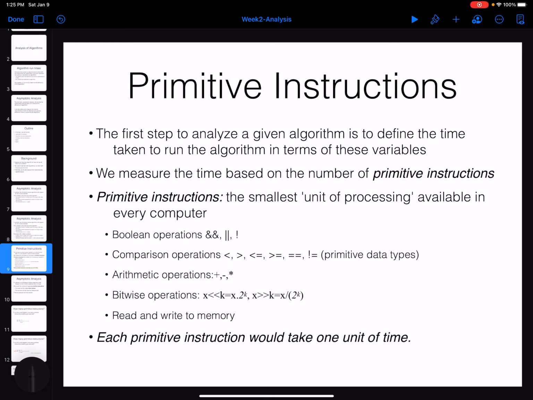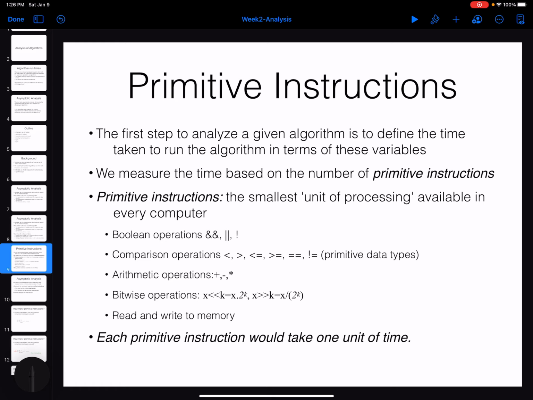The first step in analyzing the efficiency of algorithms: we want to know how much time it would take for an algorithm to be executed, but we want this to be independent of the machine I'm working on.